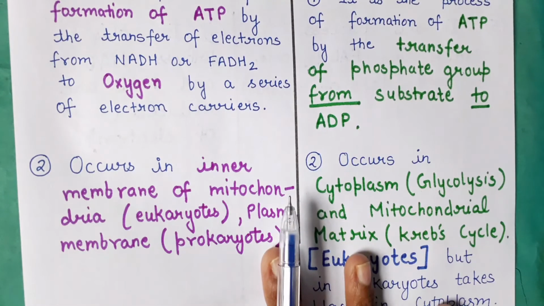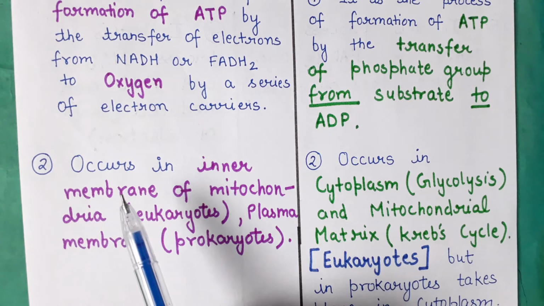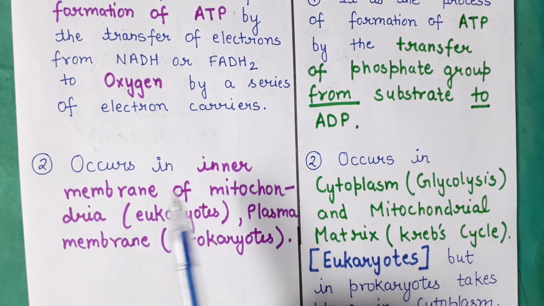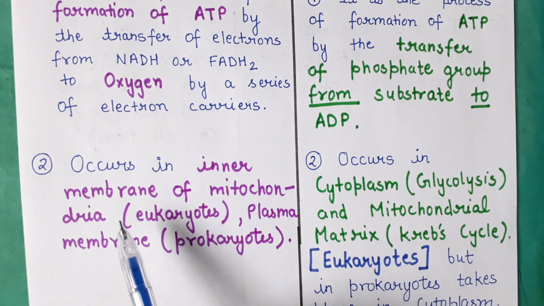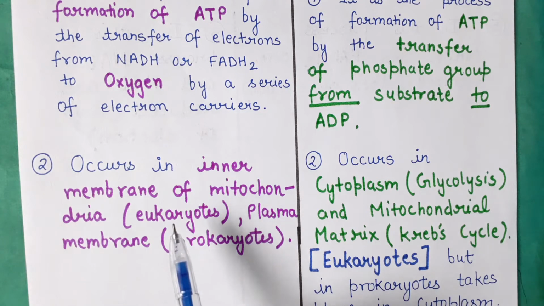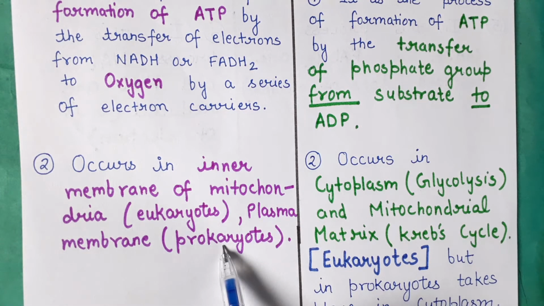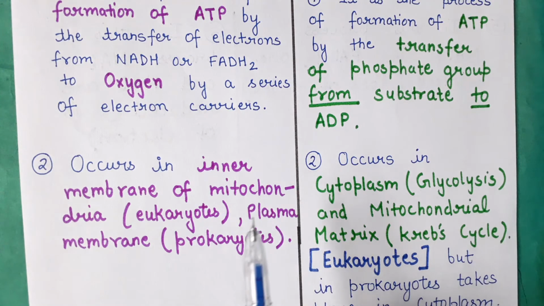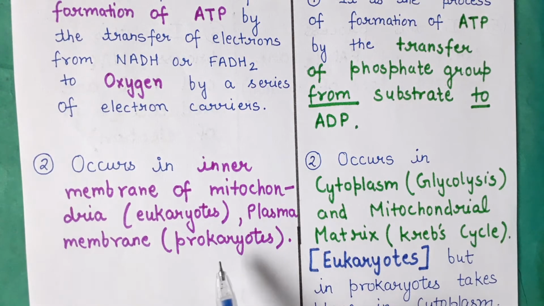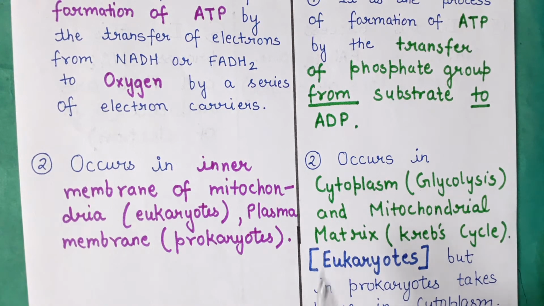Our next point is that oxidative phosphorylation occurs in the inner membrane of the mitochondria in eukaryotes, and in the plasma membrane in prokaryotes, because mitochondria are absent in prokaryotes.